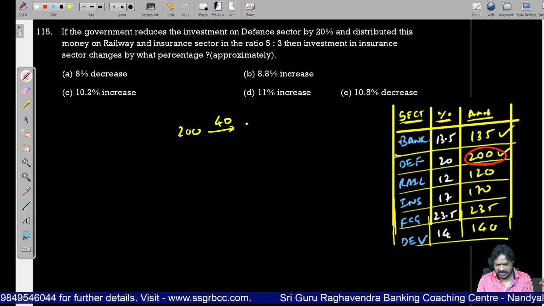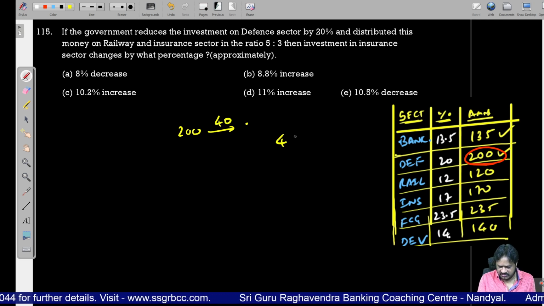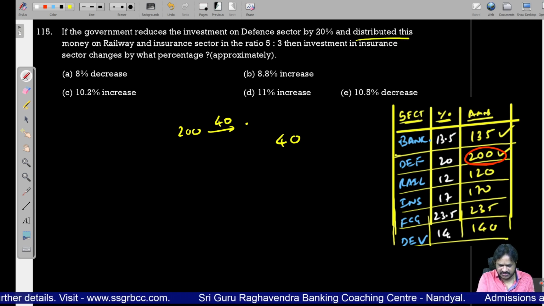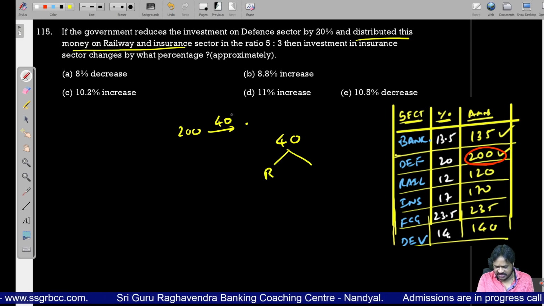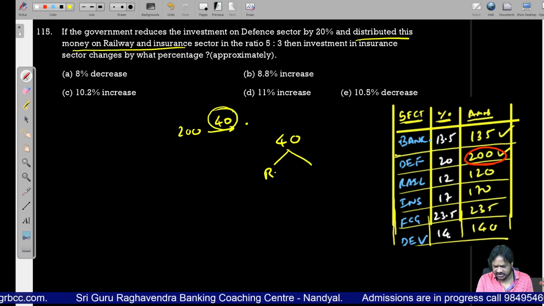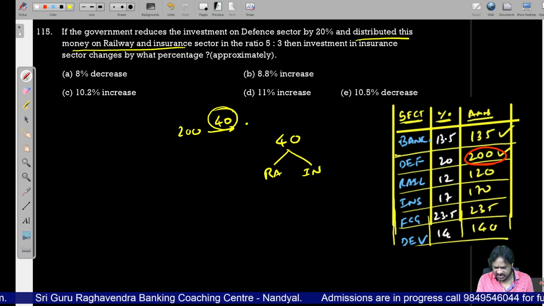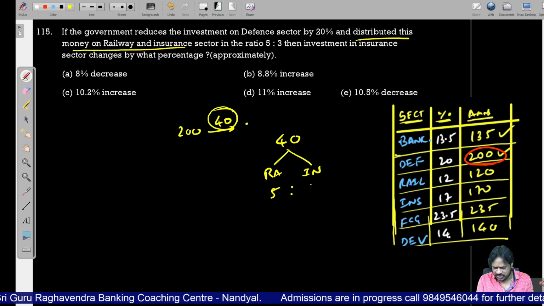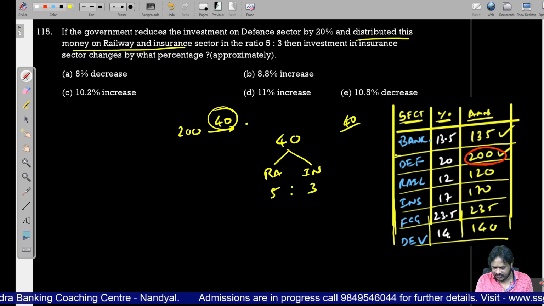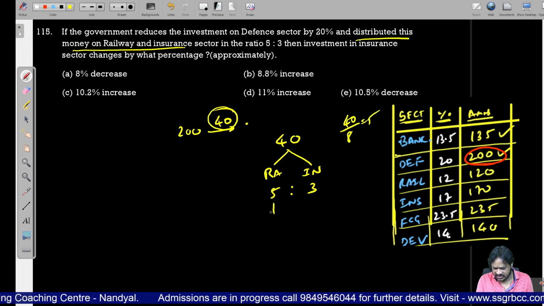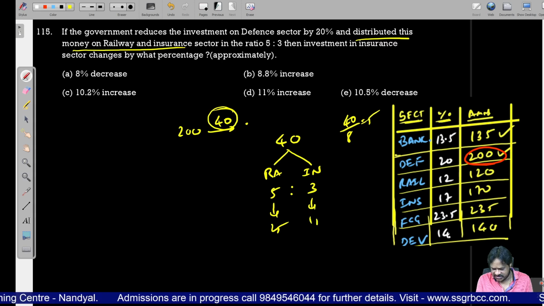We are reducing 40. That 40 crores is distributed on railways and insurance in the ratio of 5:3. So what is 5 plus 3? 8. 40 by 8 is 5. Therefore, this is 25 and this is 15.